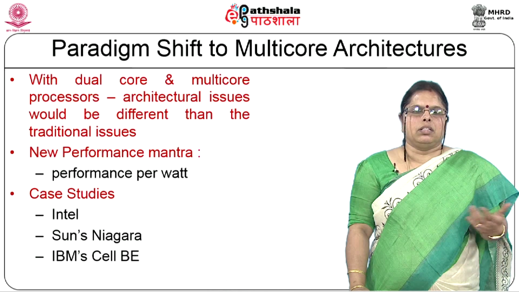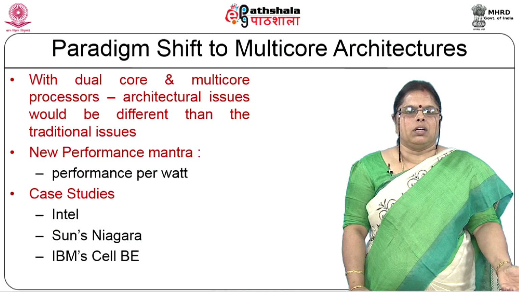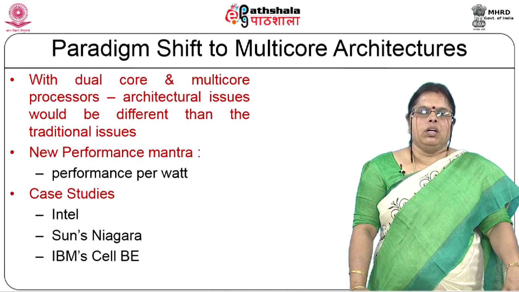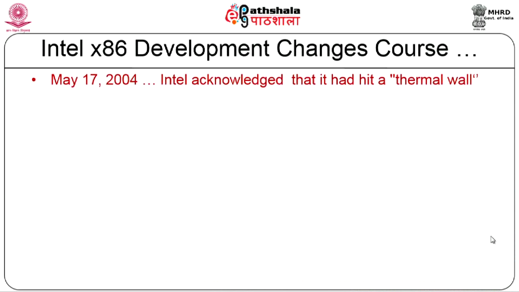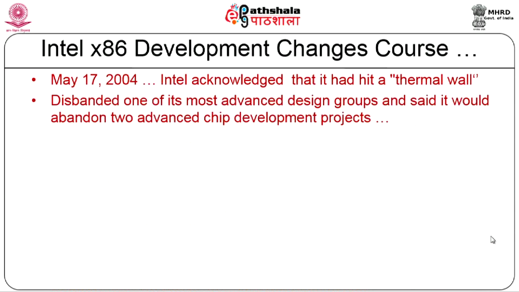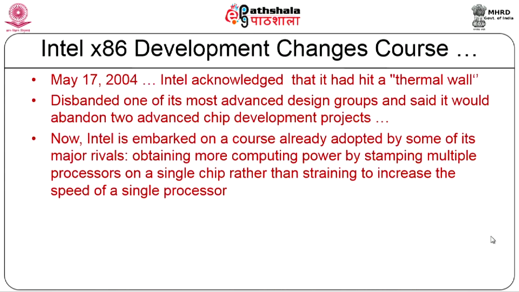NVIDIA architecture, the GPU architecture which we discussed in the earlier module, is also an example of a multi-core architecture. So, if you look at Intel's architectures, starting from the x86 architectures, a lot of processors have come in, and as early as 2004, Intel acknowledged that it had hit a thermal wall, and it disbanded one of its most advanced design groups and said it would abandon 2 advanced chip development projects.